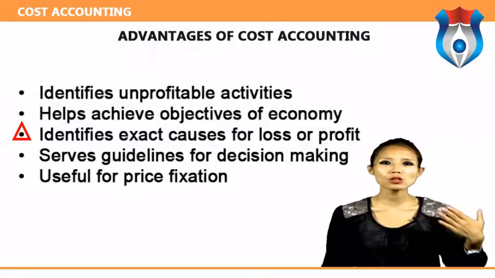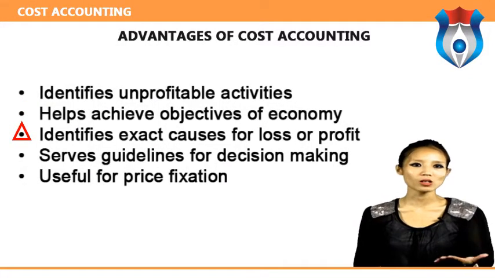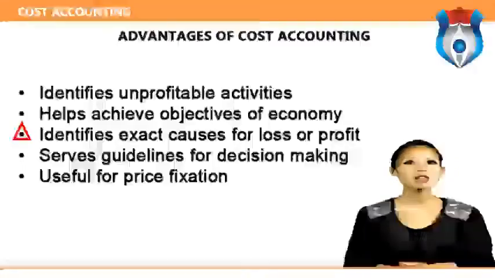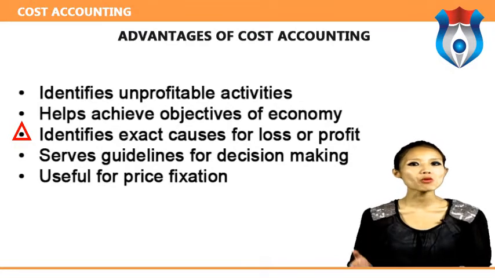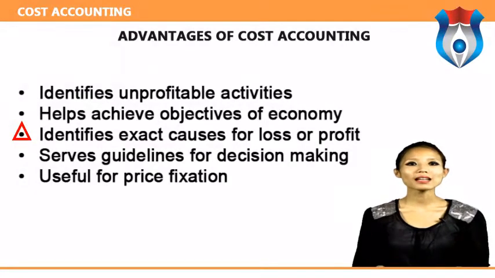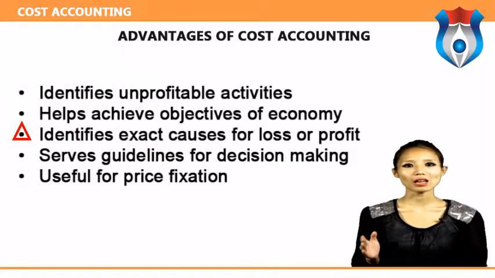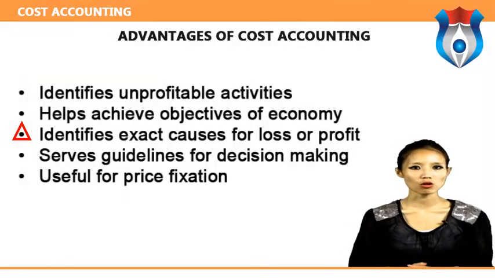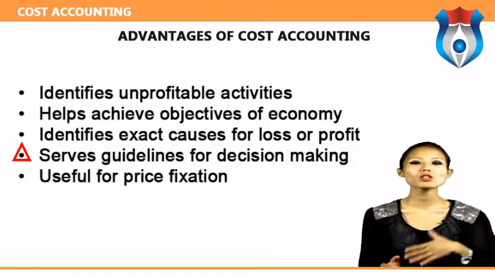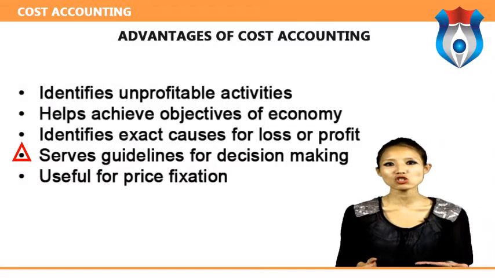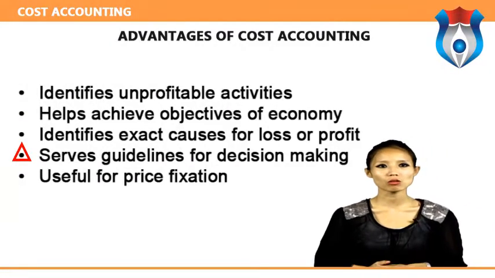Cost accounting is useful for identifying the exact causes for decrease or increase in the profit or loss of the business. It also helps in identifying unprofitable products or product lines so that these may be eliminated or alternative measures may be taken. It provides information and data to the management to serve as guides in making decisions involving financial consideration.